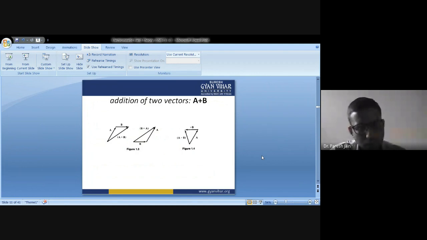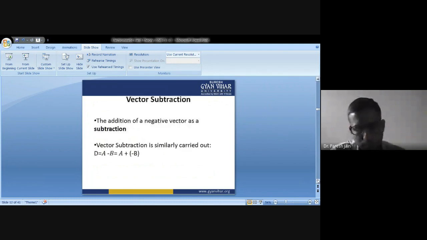So it is written as A minus B because it is an arithmetic operation. Next is vector subtraction, the addition of a negative vector as a subtraction.